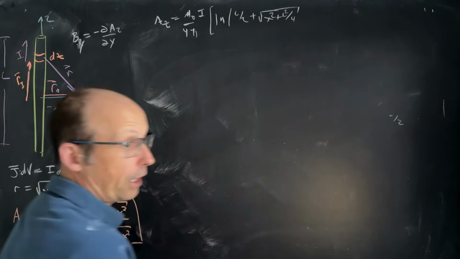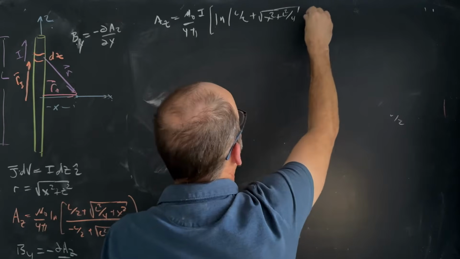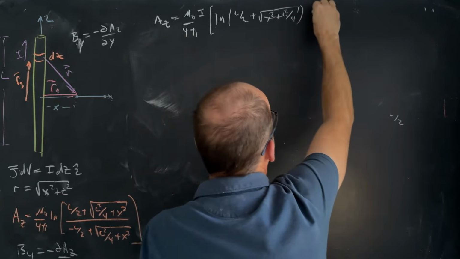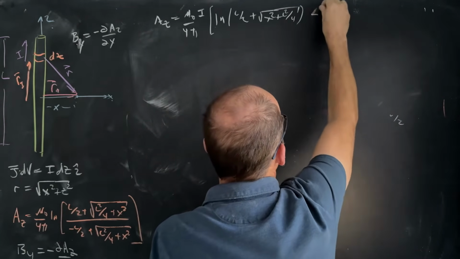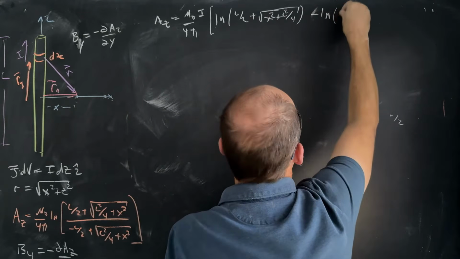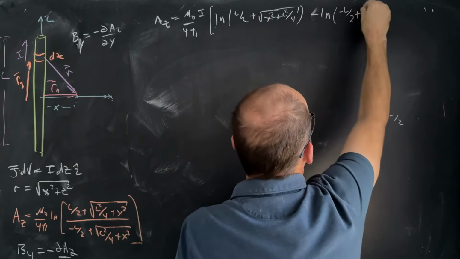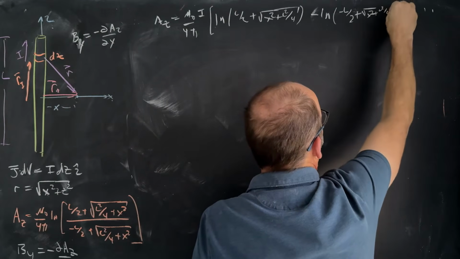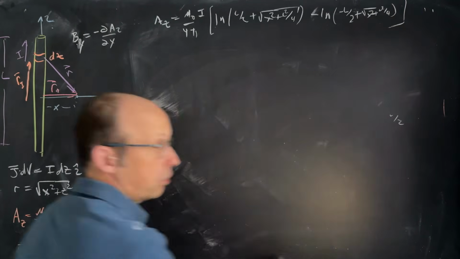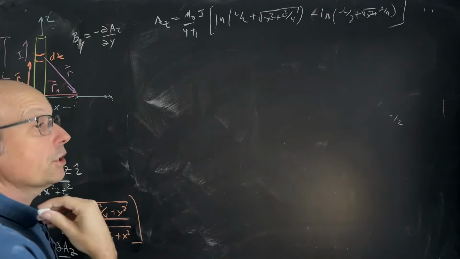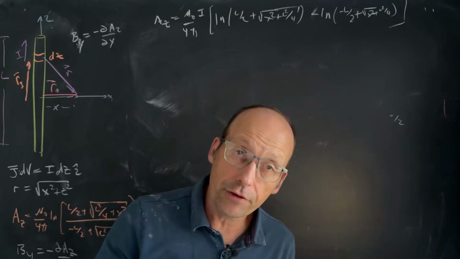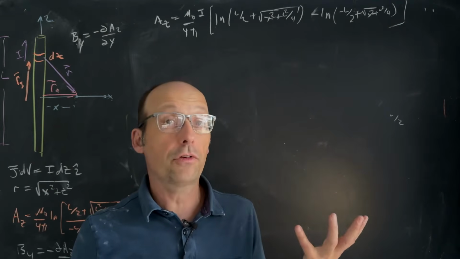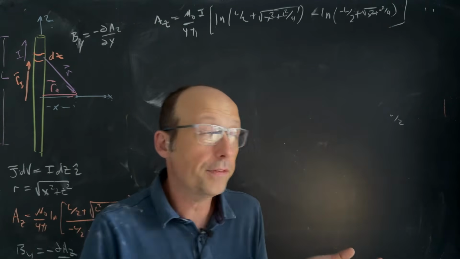I wrote that backwards. And then I have minus natural log of negative L over 2 plus the square root of x squared plus L squared over 4. So remember, the derivative of the natural log of u is 1 over u, but then we have to take the derivative of u.